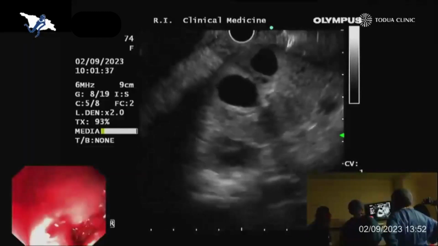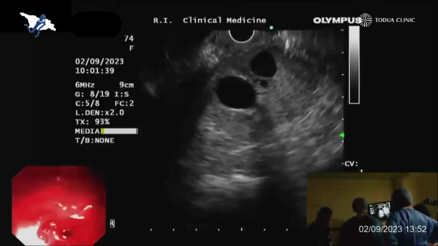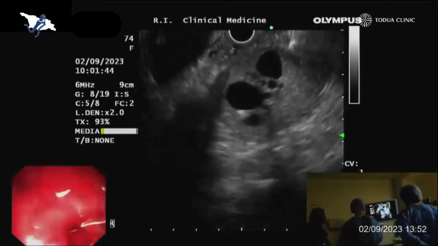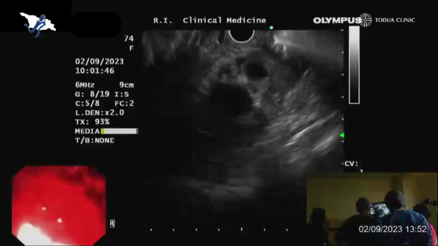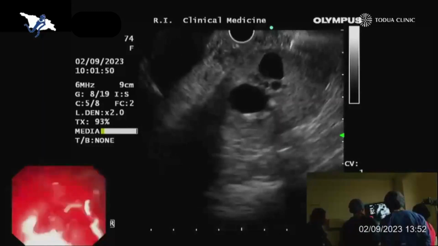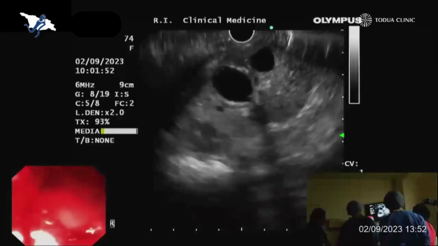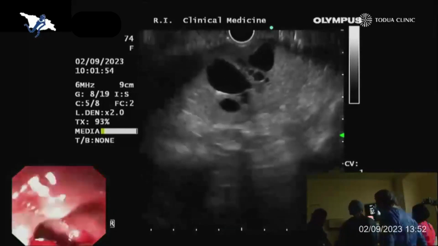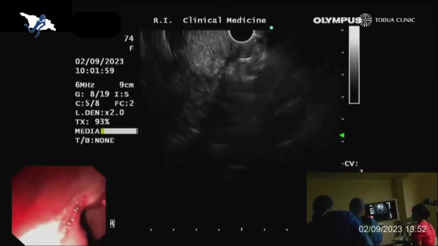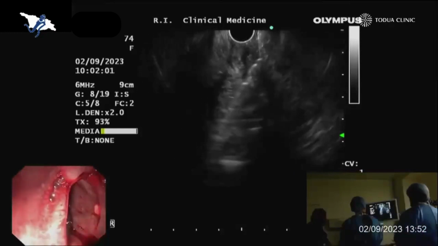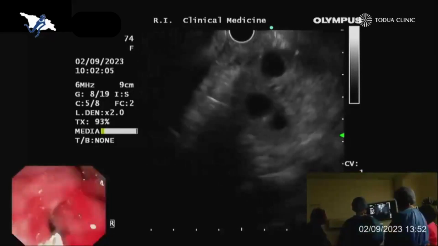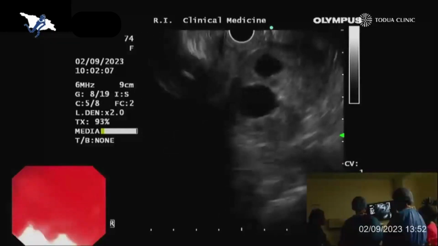But here, this area, I don't know what the radiologist had for an impression. And for sure, we also have diverticulum in there, no?